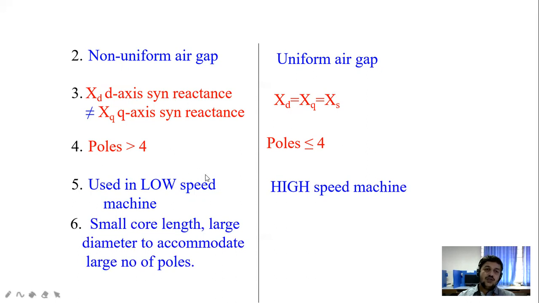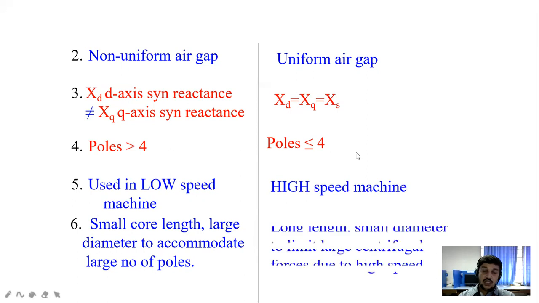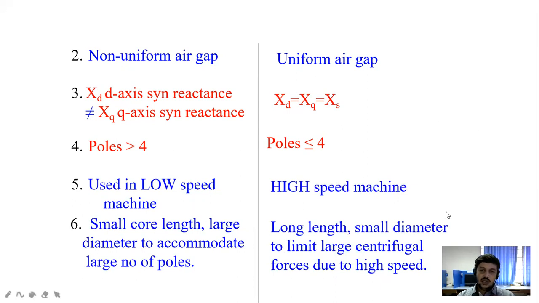To house that large number of poles in the actual structure, the axial length of the core is small, whereas the diameter of the machine is more to accommodate the larger number of poles. For a cylindrical rotor synchronous machine, the axial length is large, that means the axial length of the cylindrical rotor is more, whereas its diameter is small.